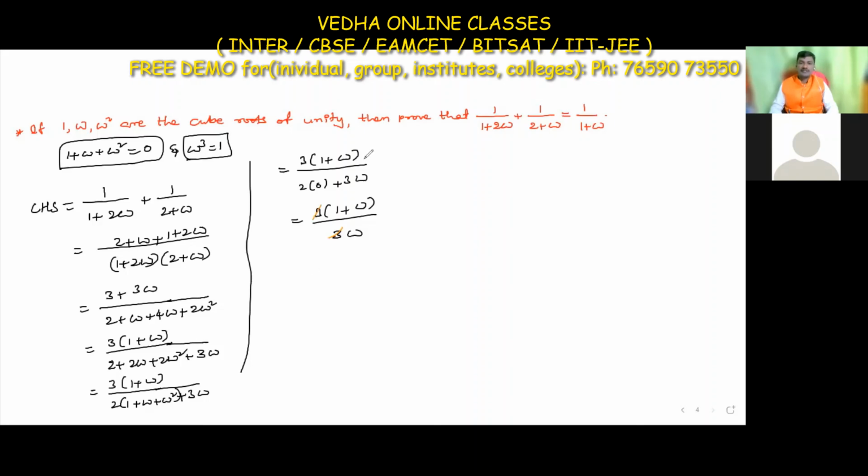So again 1 plus omega divided by omega. If you want to remove the omega term in the denominator, what can we do? Rationalize, multiplying and dividing by omega square. So in the denominator we get omega into omega square, omega cube.